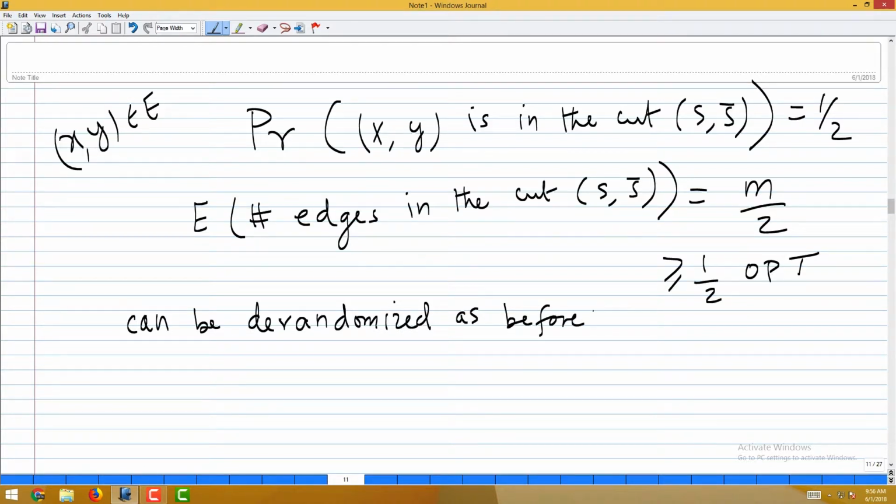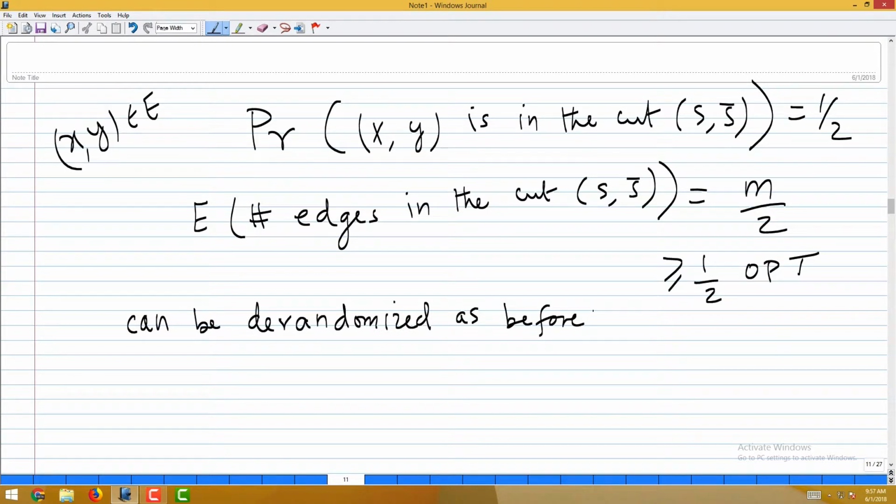Because the way to think about it is, what is this saying? That there are sort of 2 power n ways of partitioning my vertex set, right, because once I choose S, S bar is fixed. Out of all these partitions, for each one I count the number of edges crossing the cut and take the average, and that is what is m by 2. So, there must be one partition which gives you at least m by 2, and the way to find it is to put one vertex x in S, do a random partitioning on the remaining, and compute the expectation.